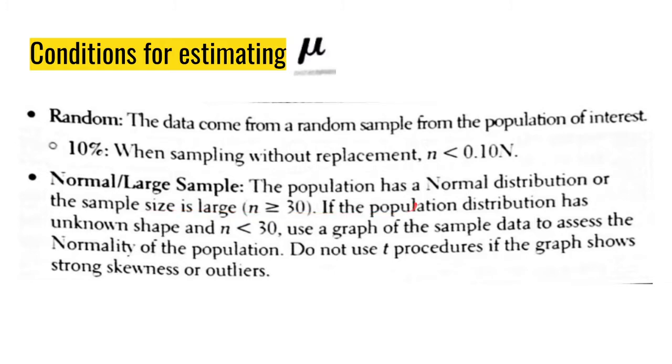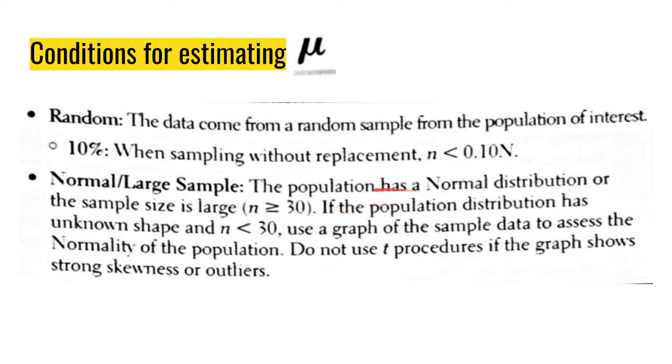Or if the distribution is not normal, you can see they have a skewness, but the sample size is large enough, greater than or equal to 30, we can say the sampling distribution of the mean is approximately normal.